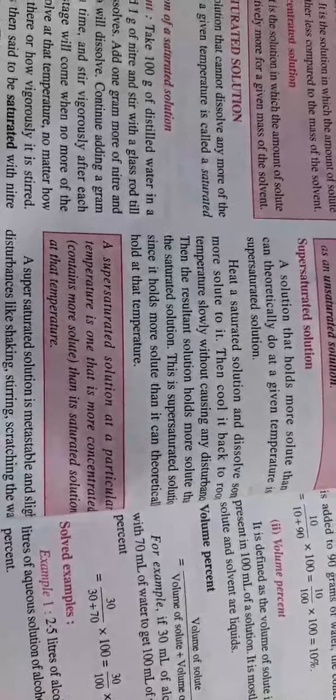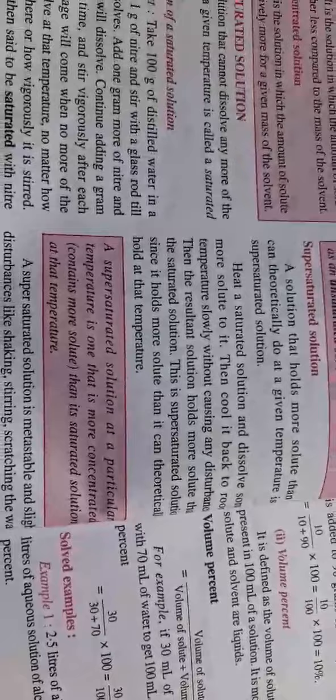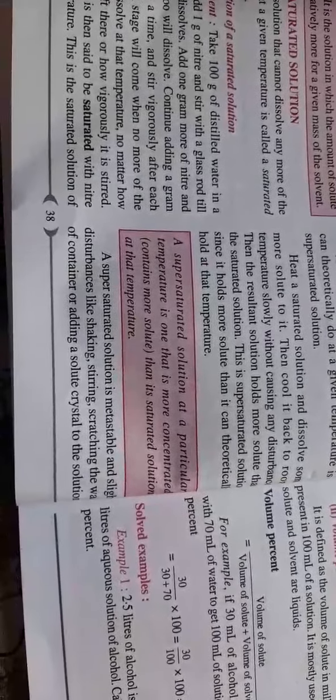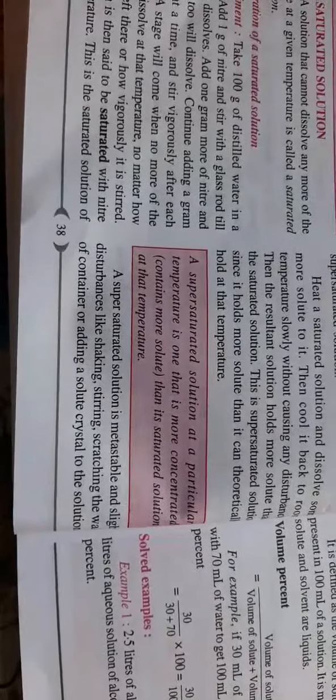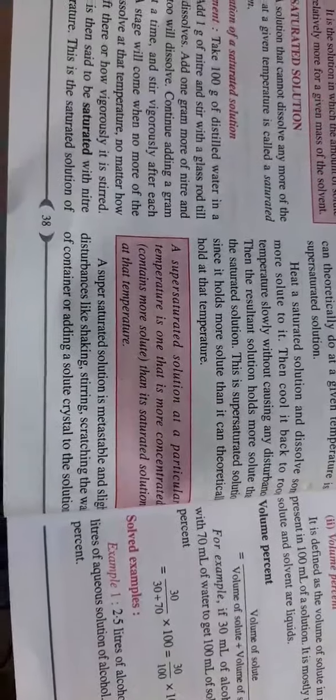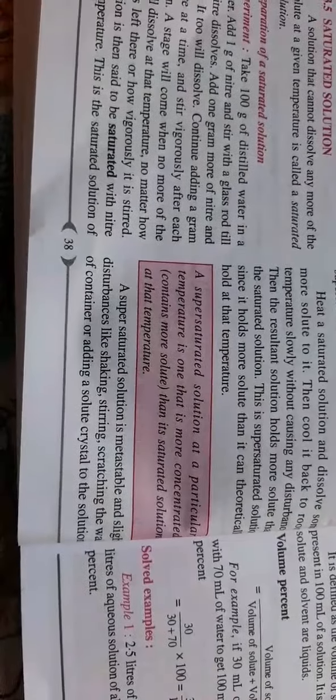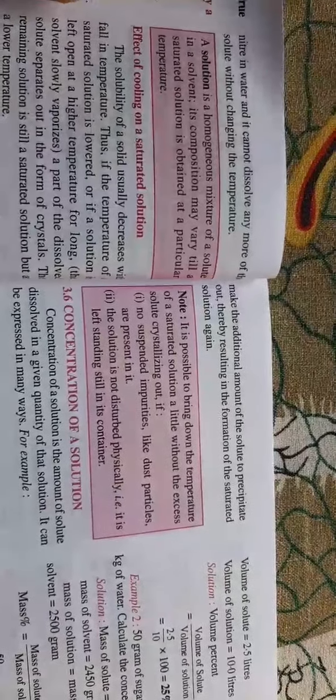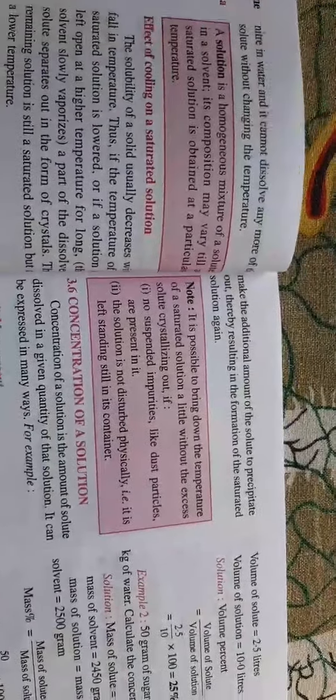It contains more solute than a saturated solution. Supersaturated solutions are metastable, and if we slightly shake or scratch, or add one drop of solute to it, then crystallization will start occurring. It is possible to bring down the temperature of a saturated solution a little without the excess solute crystallizing out.